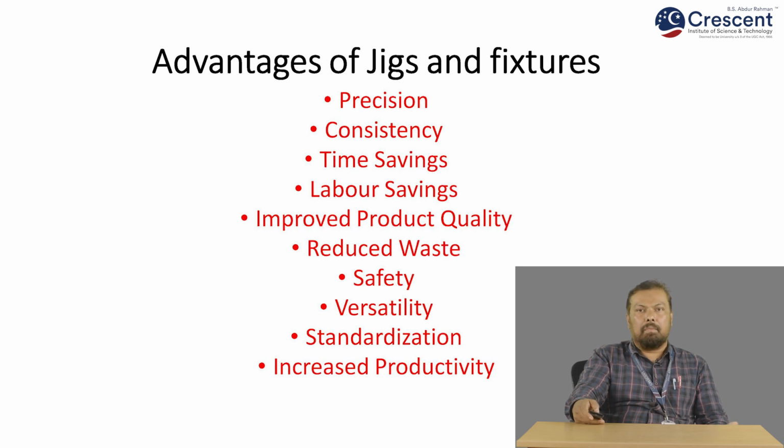Increased productivity, which is the ultimate goal: by optimizing the machining and assembly processes, jigs contribute to an increase in productivity. So jigs and fixtures form a very, very important dimension as far as the production process is concerned.